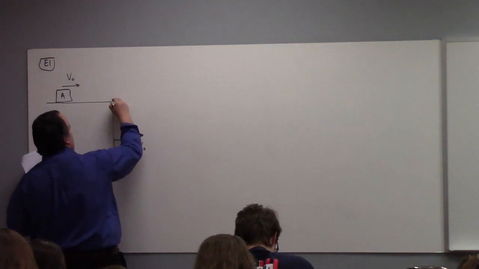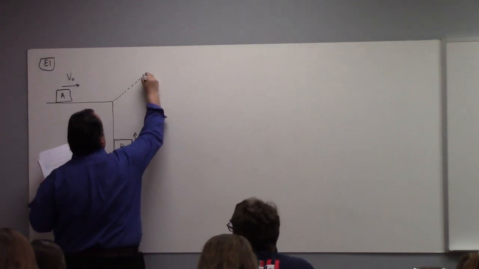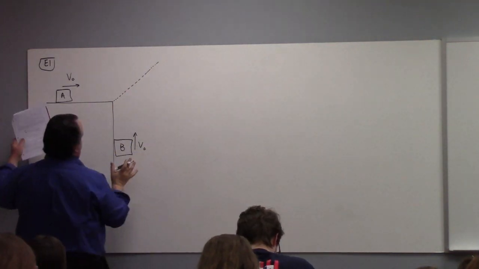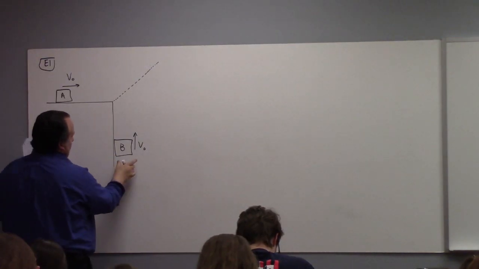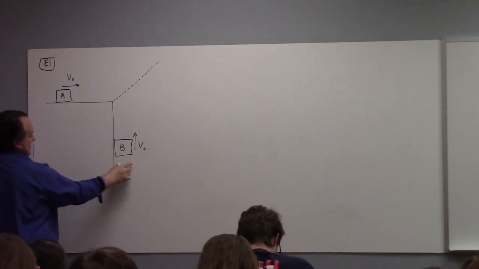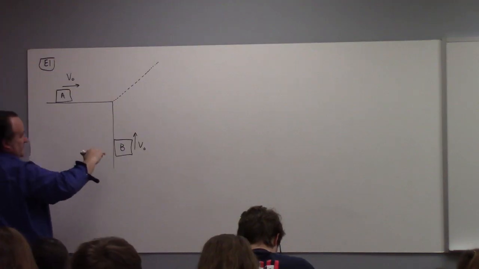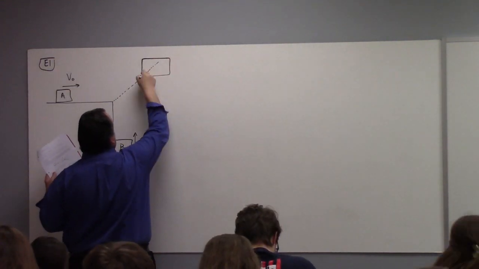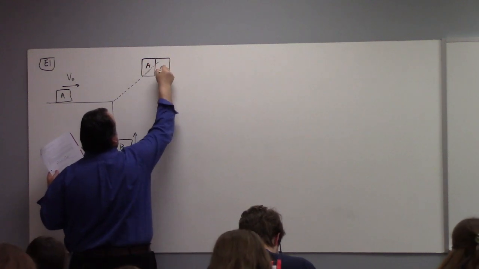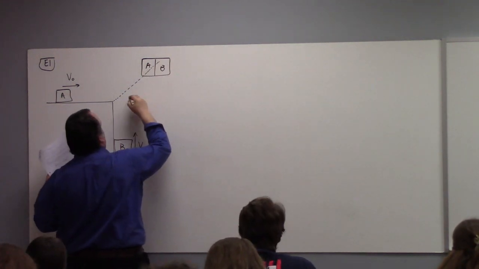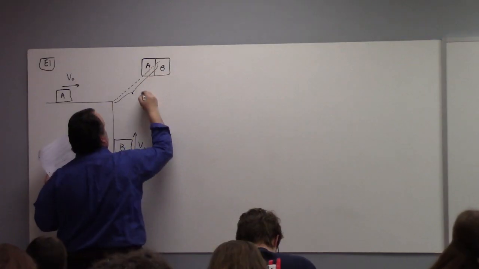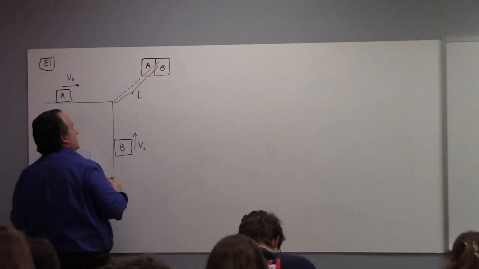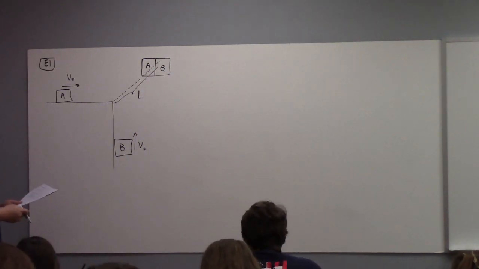Given the situation, we can tell what's going to happen. When they slam together with equal speed, it's intuitively clear that we're going to find motion at 45 degrees. So the question then is, what's this sliding distance L?